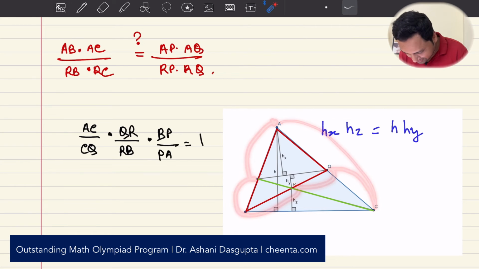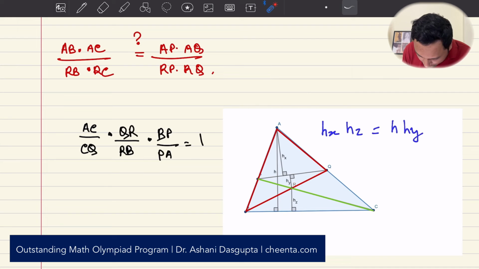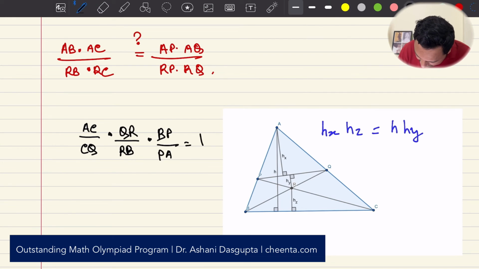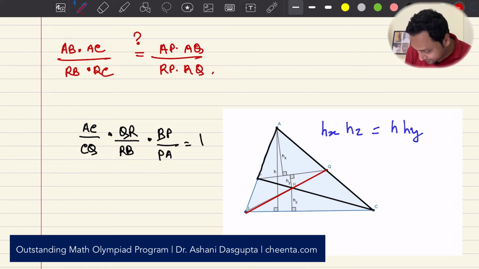All right. And then next thing is I'll use the Menelaus theorem again in here. This is the triangle APC, and this is the transversal. Maybe in a different color. So here we go. How do I do this?